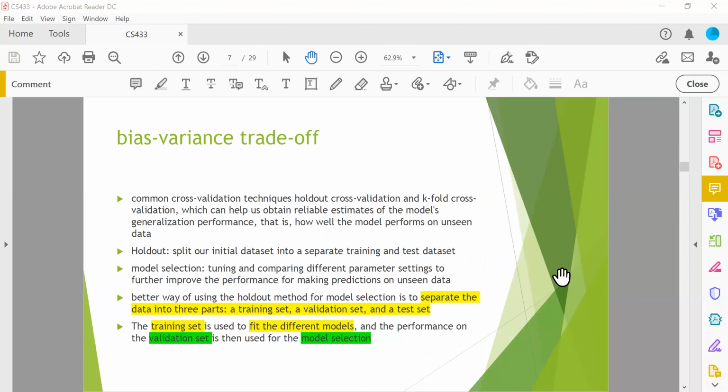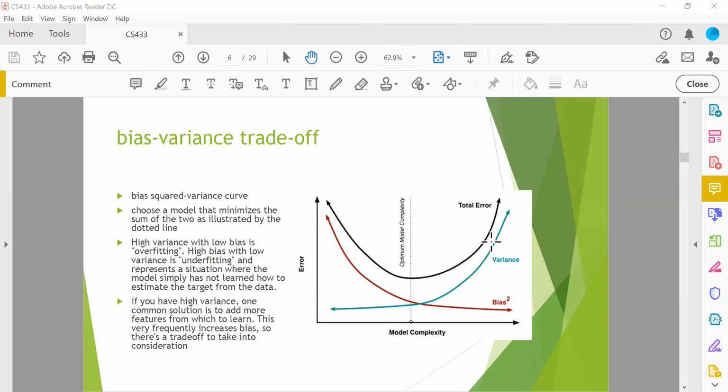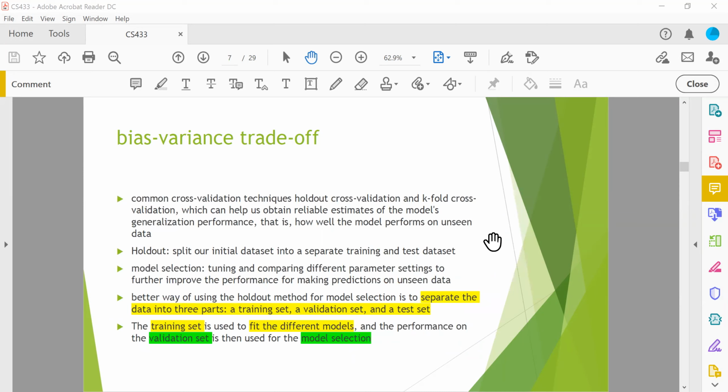And the bias variance trade-off, how do we achieve that goal? Previously, if you recall, we learned cross-validation in our example. Cross-validation can help us do that.